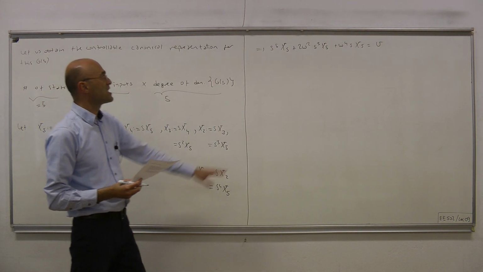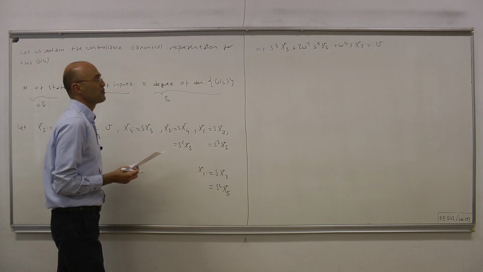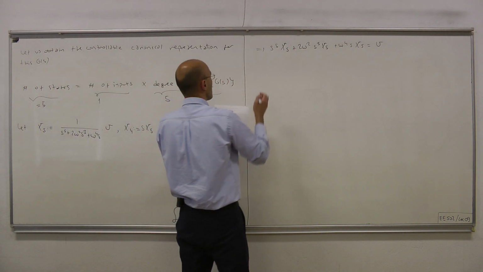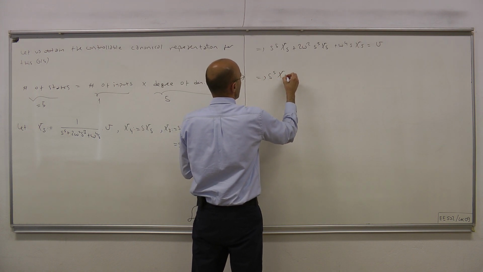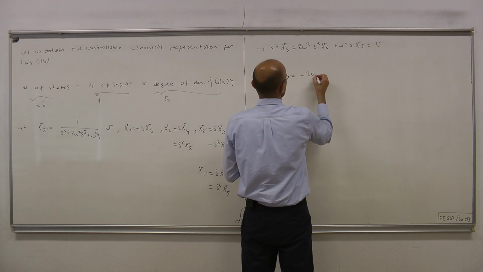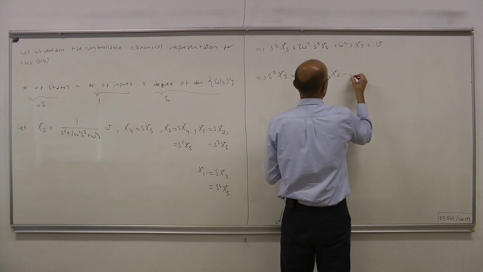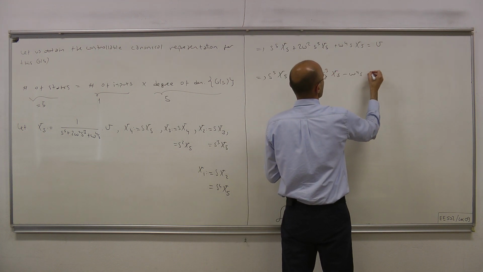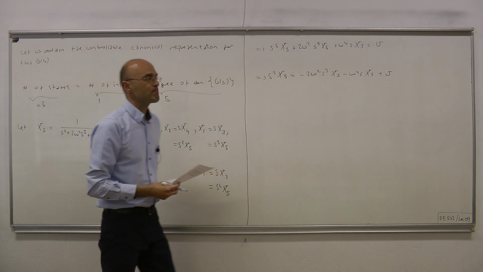Then we keep this term here and throw all the lower order terms to the other side. And we have s to the 5 x5 equals minus 2 omega squared s cubed x5 minus omega to the 4 s x5 plus the input.